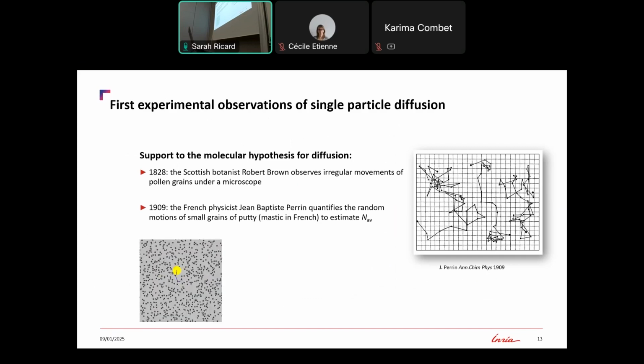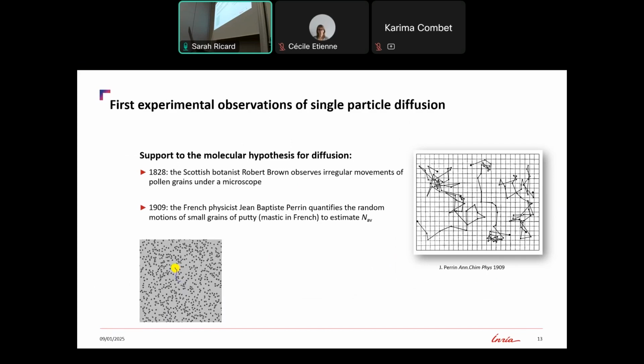This was 1909, and in fact, Perrin was not interested at all in random walks. He didn't care much. He was interested in how we can determine experimentally and precisely the Avogadro number. And I'll show you in a moment how you can go from that to that.